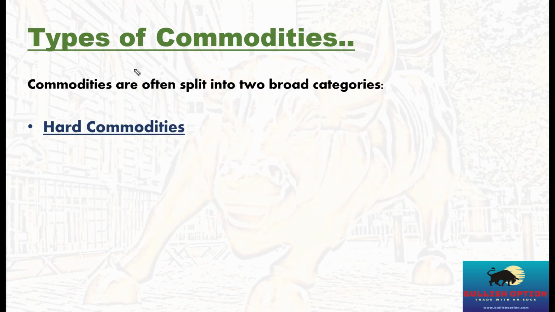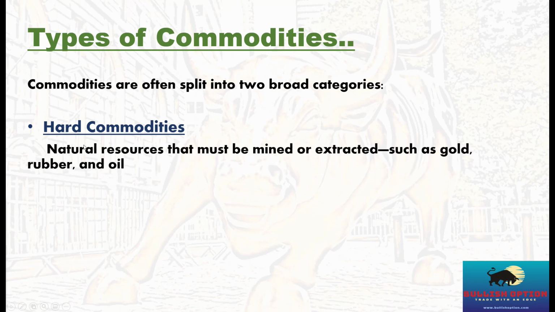On a broad level, commodities are often split into two categories, which are hard commodities and soft commodities. So what are hard commodities? Hard commodities are natural resources that must be mined or extracted, such as gold, rubber, oil, something which nature has given us.